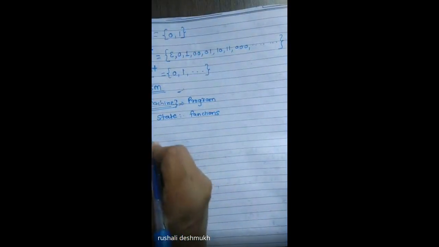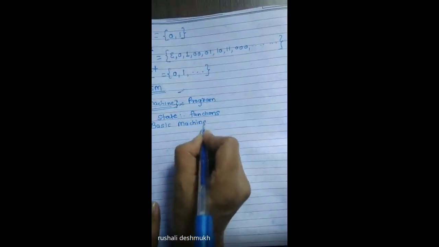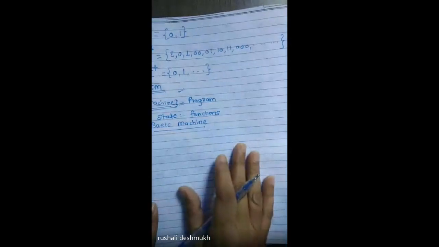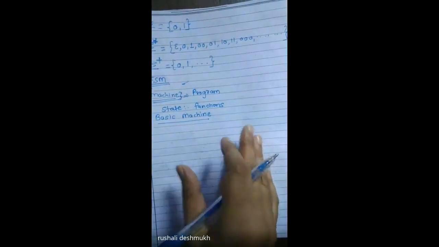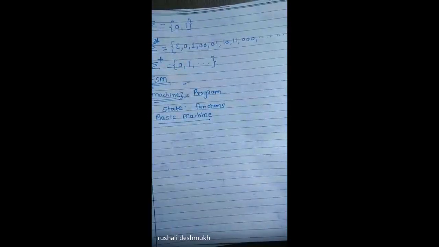Okay, so before considering the finite state machine, let us start with the basic machine. What is a basic machine? As we know, ideally a machine takes an input and produces an output.